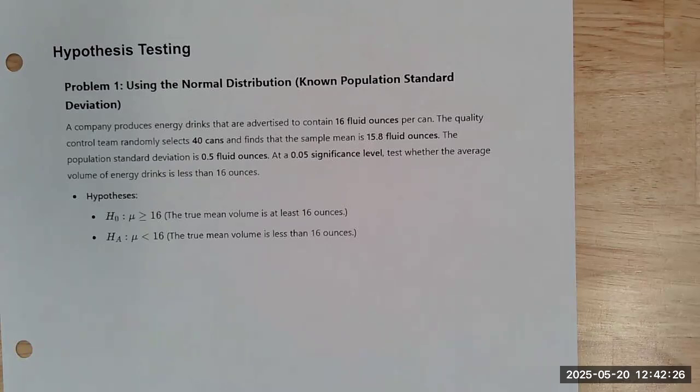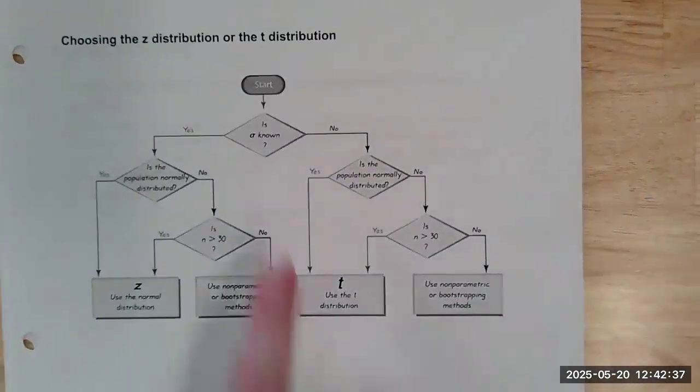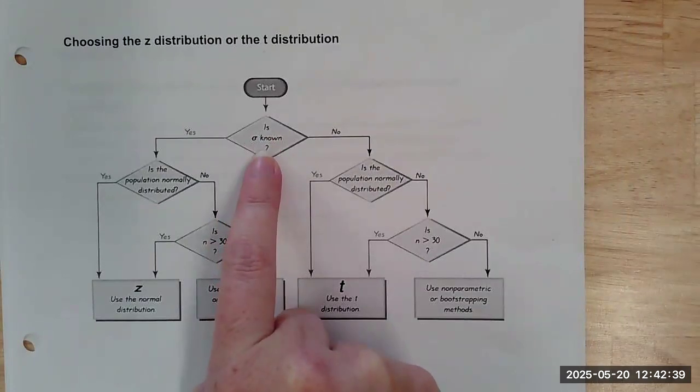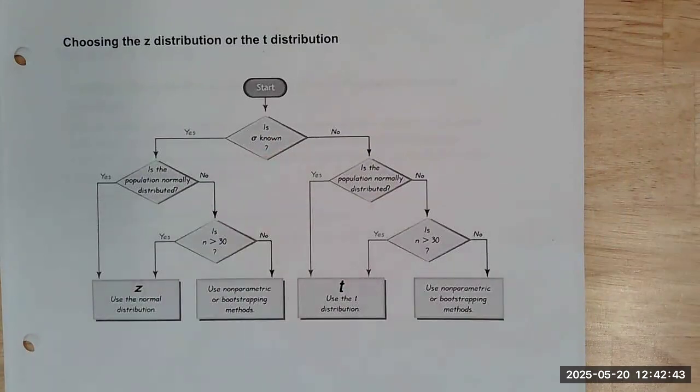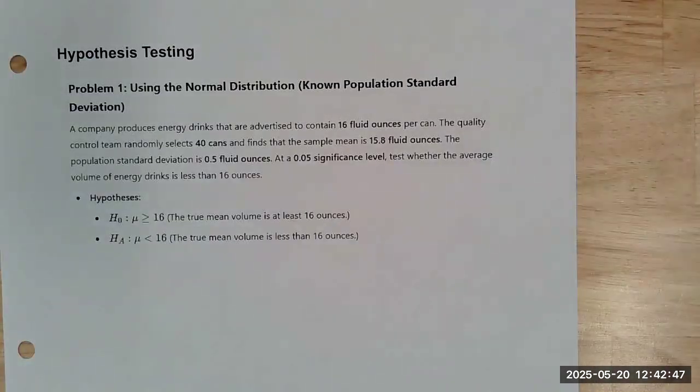If I know the population standard deviation, then she had given you a cute little chart. And it helps you figure out if you should be using the Z distribution or the T distribution. So for this problem, we have a known one, so we go this direction. Then it matters in the problem what our N turns out to be.